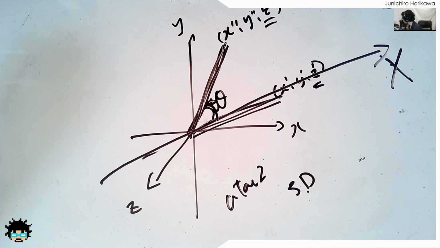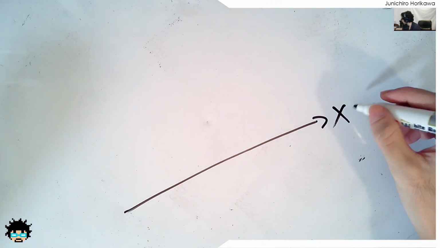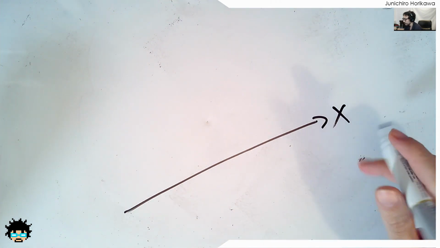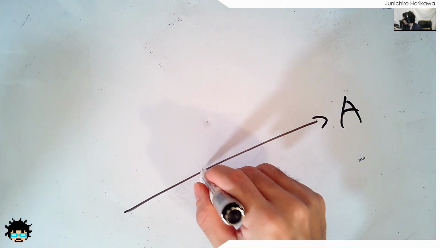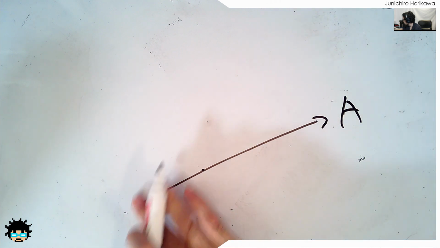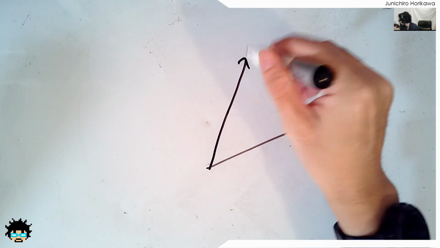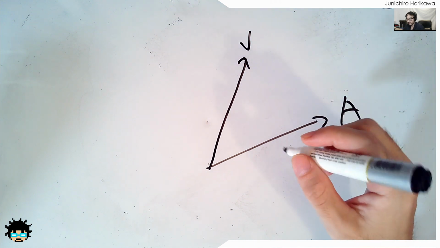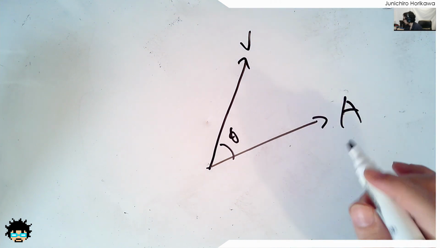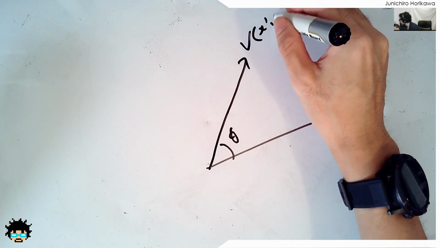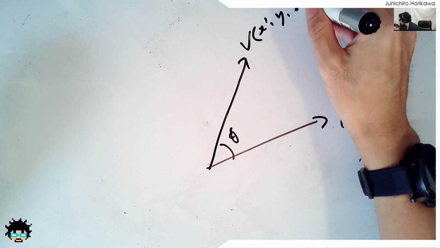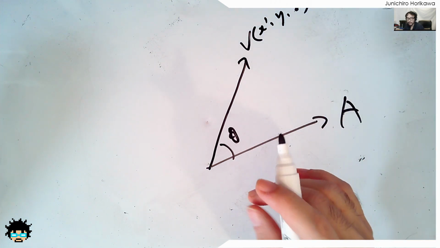To do that, let's say this is the x-axis, but on the 3D space, so maybe I'll just call it A. There's a vector that you want to calculate, estimate. I mean, there's a vector that you already know the value of, and you want to estimate this theta.